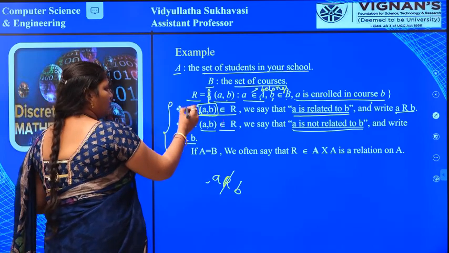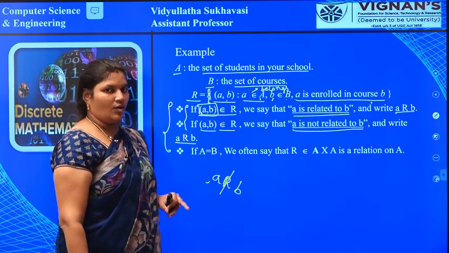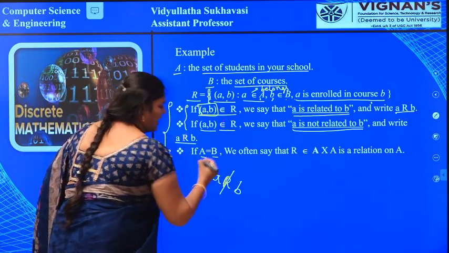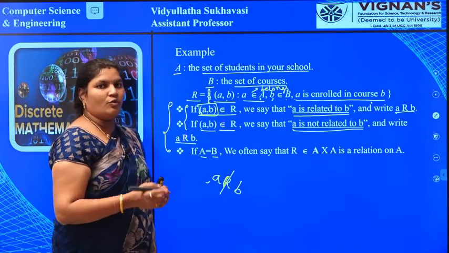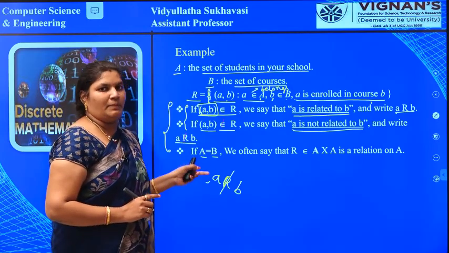So in these two cases we have seen whether the ordered pair is present in the relation or not. If the A set and B set are both the same, that means we have only one single set and we need to establish the relation in that particular set.